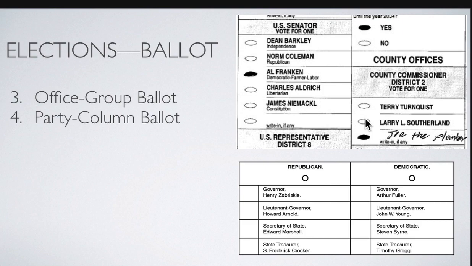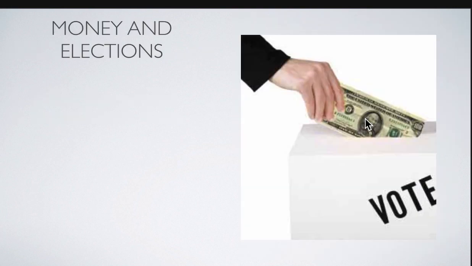Those that argue that this is confusing or perhaps an unfair ballot say it may lead people to vote straight ticket on these type of ballots, as opposed to the office group ballot, which can be a little bit more confusing but doesn't encourage people to vote straight ticket as the party column ballot has been criticized to do.